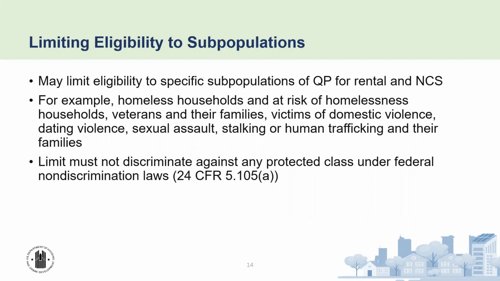So for example, the housing may be limited to homeless households and at risk of homelessness households, or veterans and their families, victims of domestic violence, or you can limit admission to households who need the specialized supportive services that are provided, for example, domestic violence services. However, no otherwise eligible individuals or families, including an individual with a disability who may benefit from the services provided, may be excluded on the grounds that they do not have a particular disability.